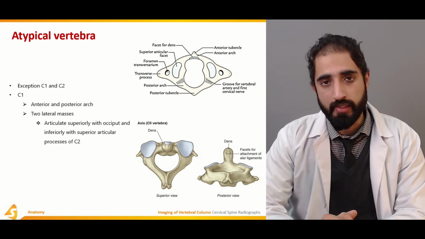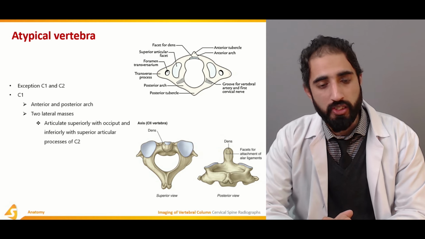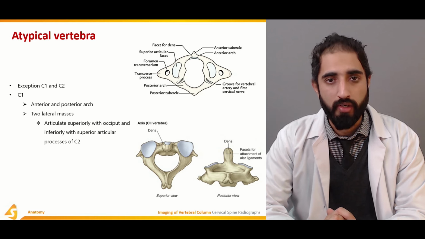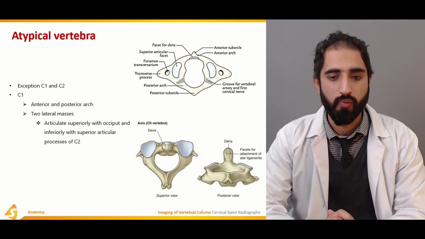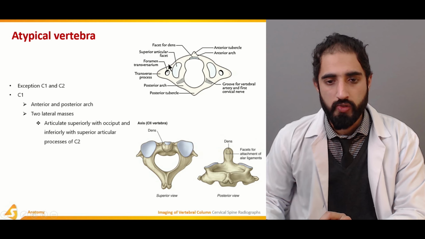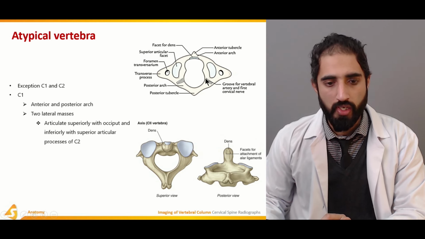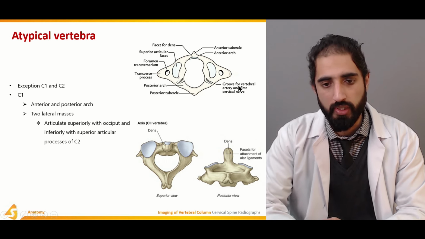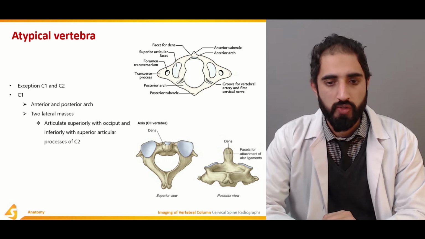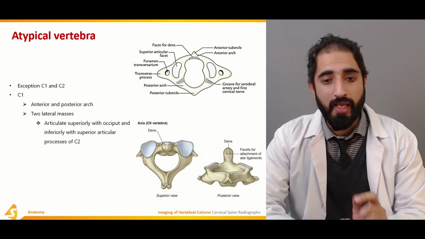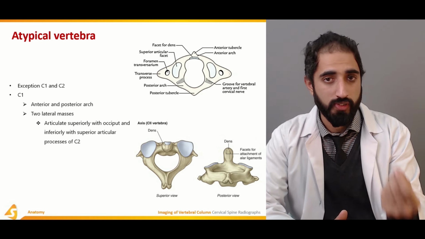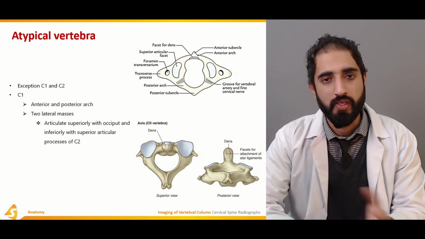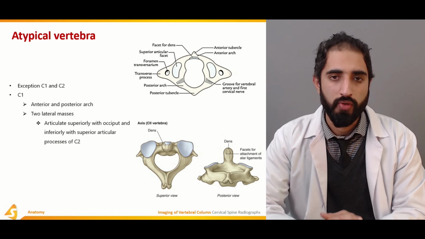So talking about the atlas or C1, it has an anterior and a posterior arch, and it does not have a vertebral body, unlike other typical cervical vertebrae, as you can see here. So this is the anterior arch and this is the posterior arch, and then once again two lateral masses which can be said to be the transverse process. However, it does have the foramen transversarium, which is the characteristic feature of the cervical vertebrae, and thus it is considered a cervical vertebra for that reason.